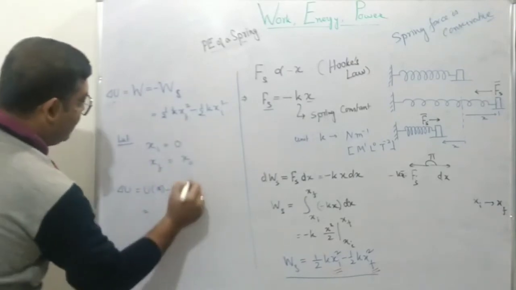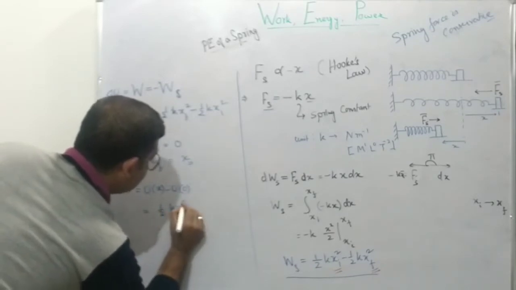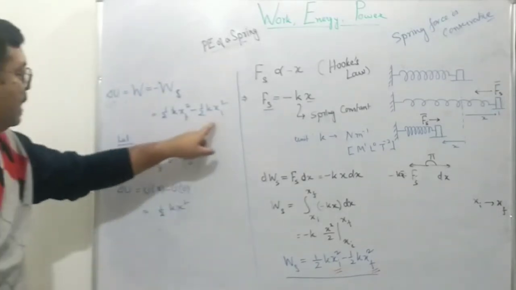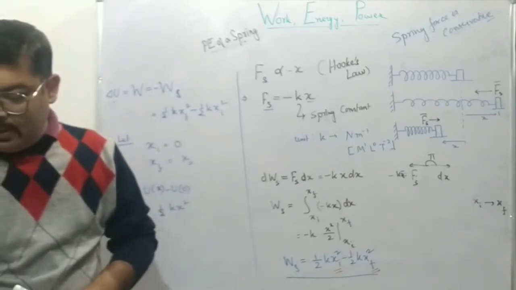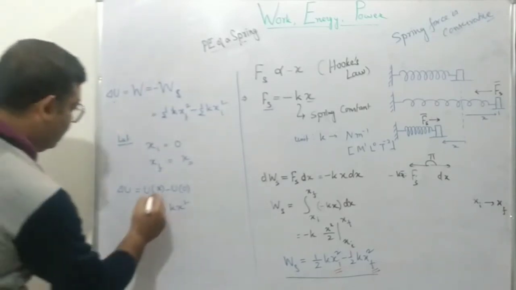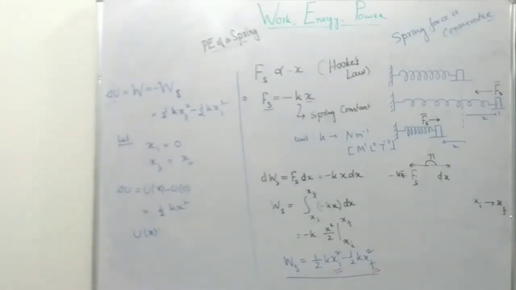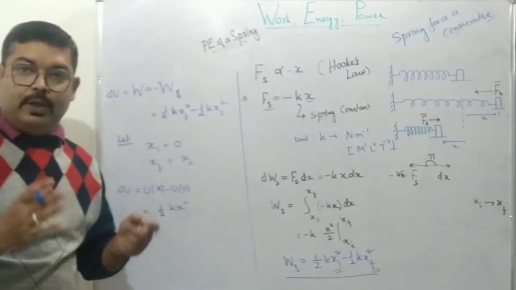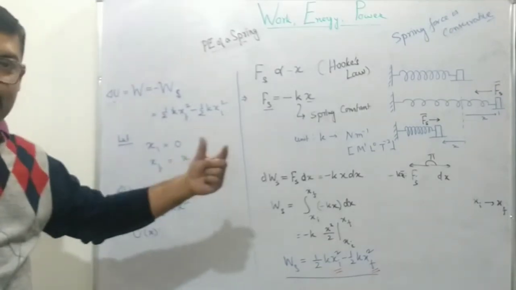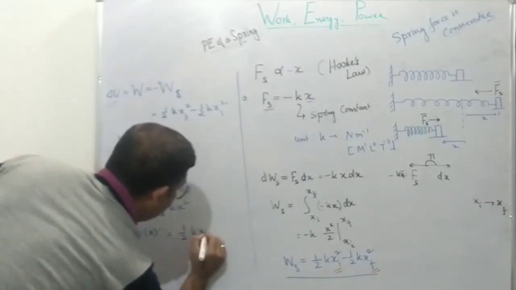Xf is x here, so this is half kx square, and xi is 0, so that term will be 0. So the potential energy that will be stored in the spring when it is extended or compressed through a distance of x will be given by half kx square.